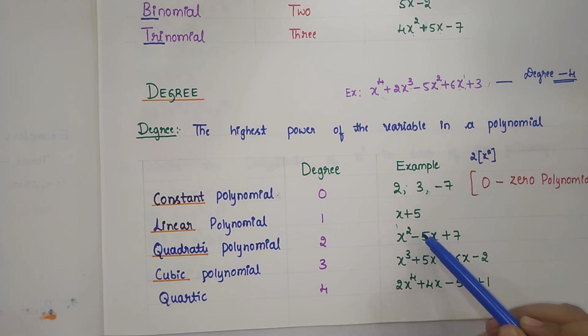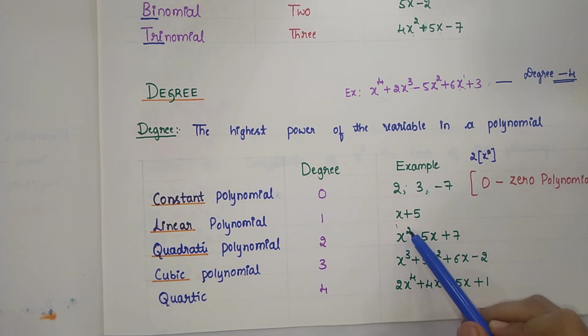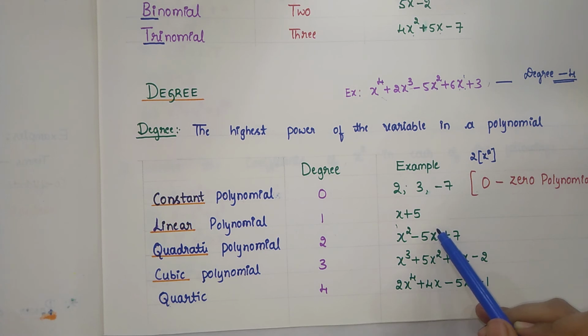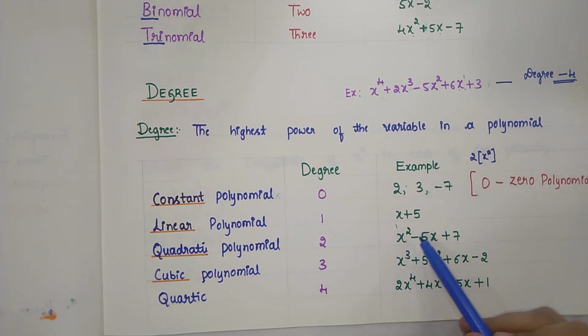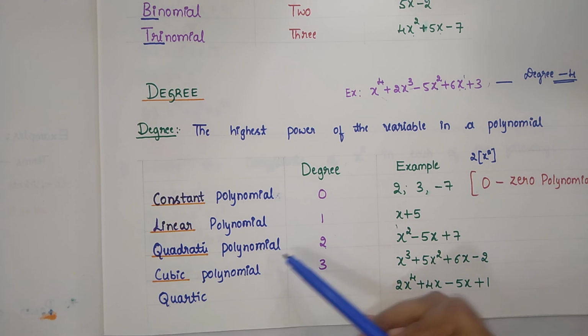I have x square minus 5x plus 7 as the example for the polynomial with degree 2. As you can see, we have x square and x power 1. So among that we can see that 2 is the degree of the polynomial. So whenever the degree is 2, we will call that as the quadratic polynomial.